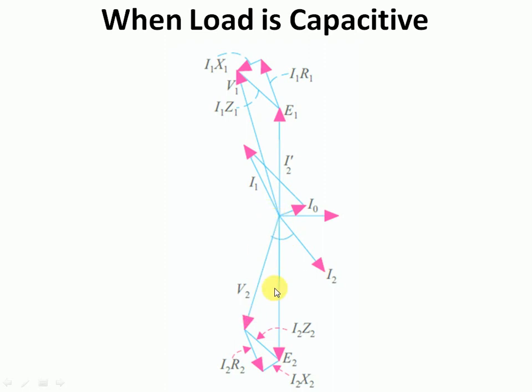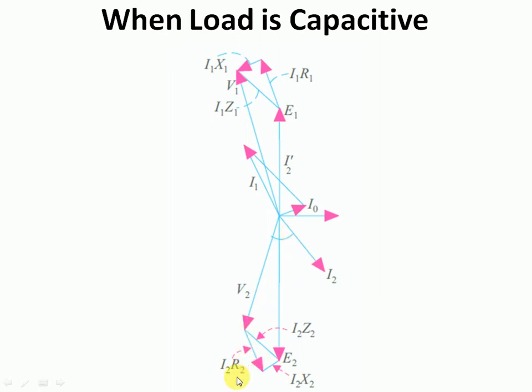So now in order to get the value of E2, you have to add I2R2 and I2X2 with V2. So to draw the line of I2R2, you have to draw a line parallel to I2 with a very small magnitude, because the value of R2 is very much less than 1. So definitely you have to draw a line parallel with I2 at the tip of V2.